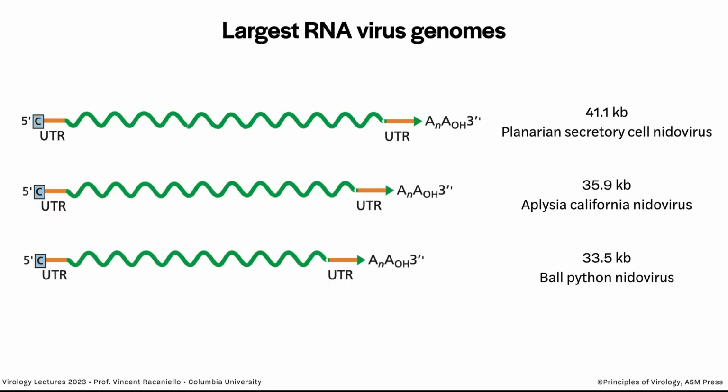Anyway, there are viruses of them, and that's the biggest RNA virus. And then there are two others: a virus of Aplysia and a virus of a snake. These, by the way, are all related to coronaviruses, the same order of viruses. SARS-CoV-2 would be about 30,000 bases of RNA, but it's not in the top three, obviously.